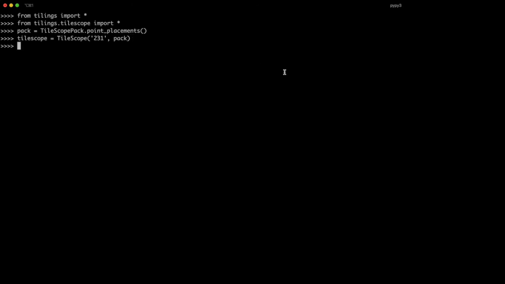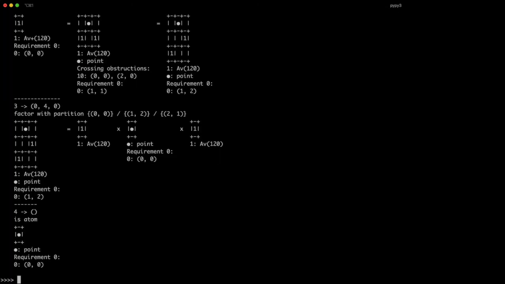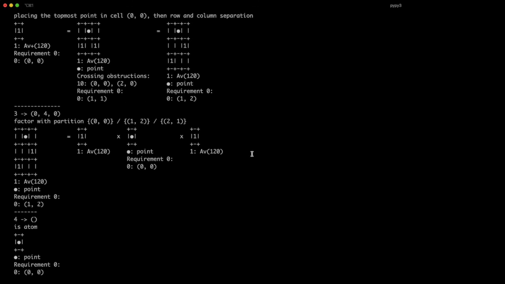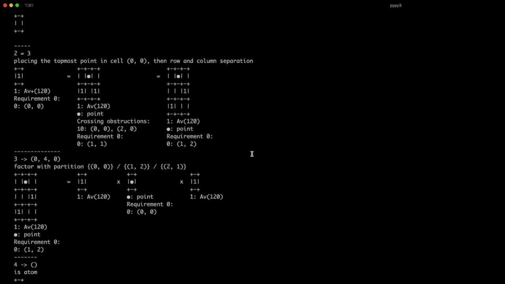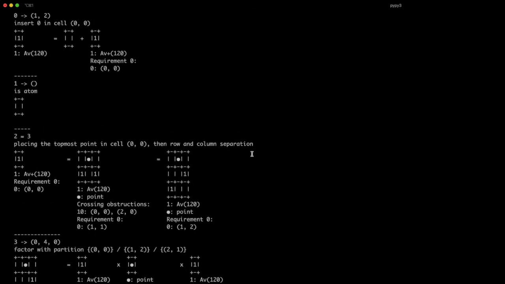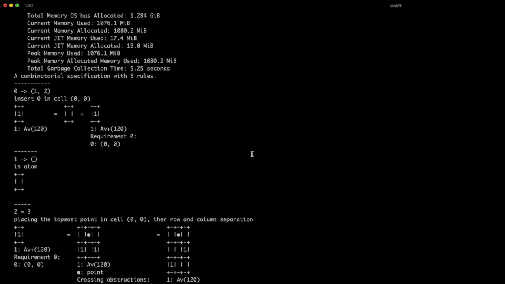I'll then try to run an auto search and store the output in this spec variable. Spec here stands for specification, because if we are successful, the output will be a combinatorial specification. And lo and behold, we are successful, and we get this nice textual description of what's happening.